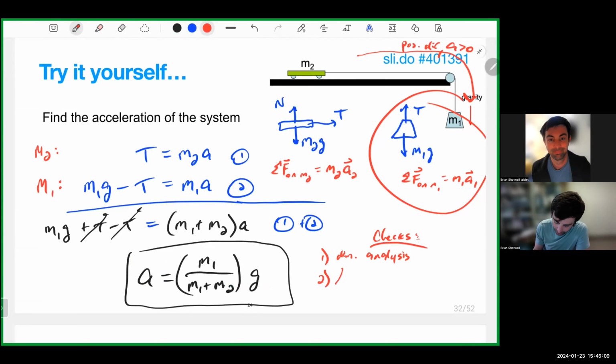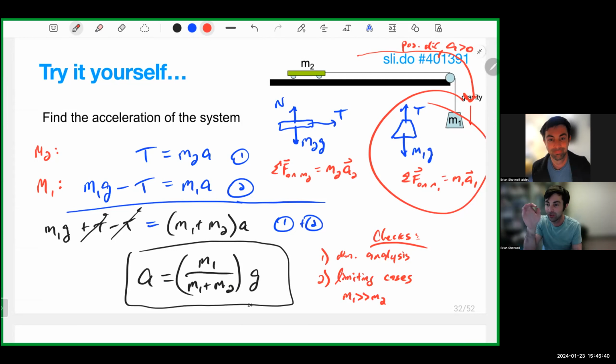Another thing we want to look at is limiting cases. In other words, you want to check that your answer makes sense. There's a couple of things you could think about in terms of M1 versus M2. If one is a lot heavier than the other one, does our answer make sense? So one of these is M1 much bigger than M2. If that's the case, M2 is just like a speck of dust, and M1 is this heavy thing.